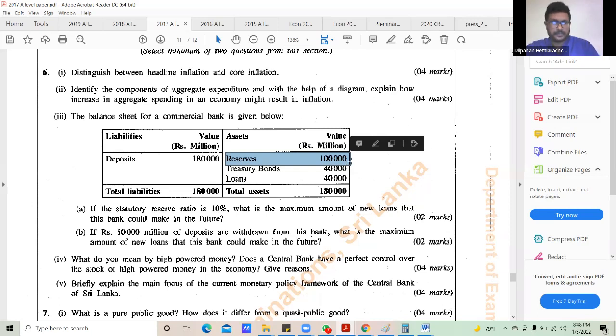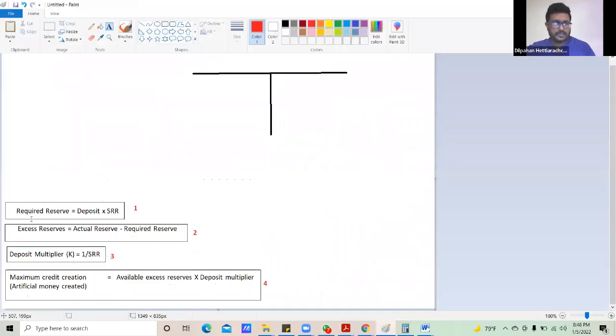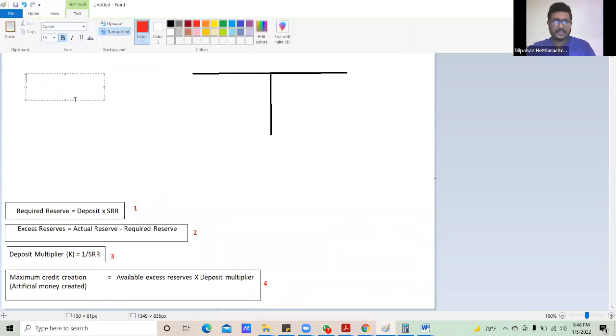What is the calculation? I would like to go with some important equations. To do that calculation, you should know these two equations, equation number 1 and equation number 2. Required reserves equals deposits times SRR. Can we calculate the required reserves now? Yes, we can.